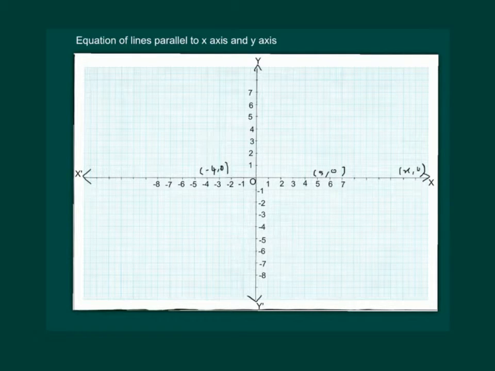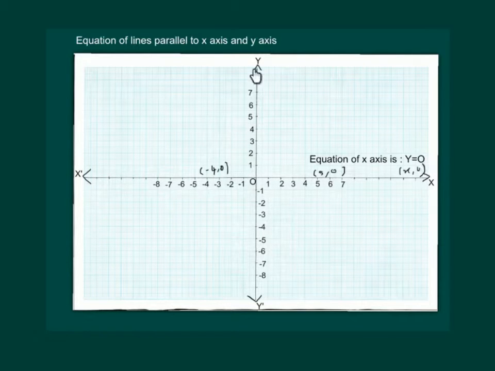This is because the coordinate of y on the x-axis is always 0. So we can say that equation of x-axis is y is equal to 0.